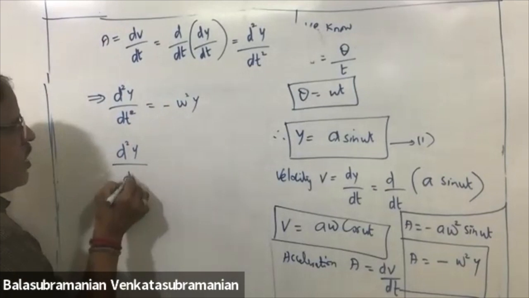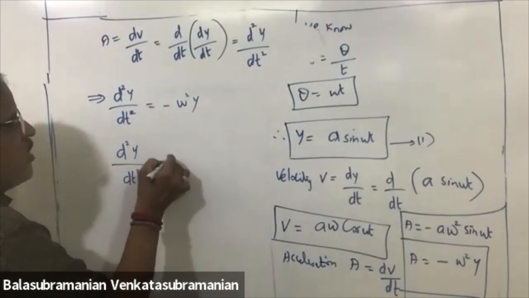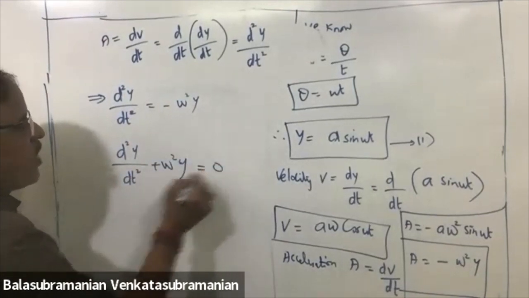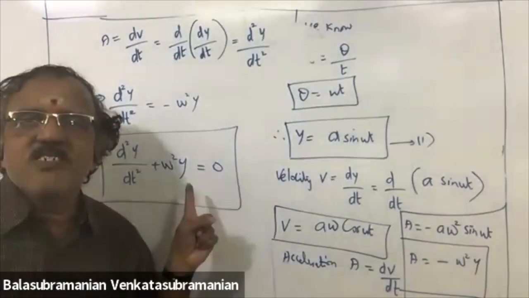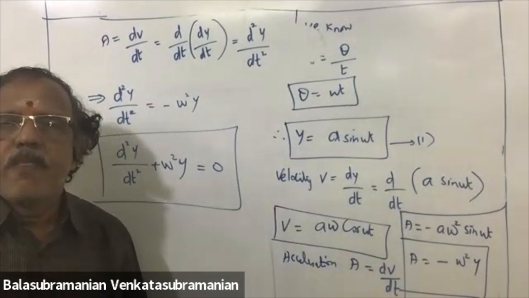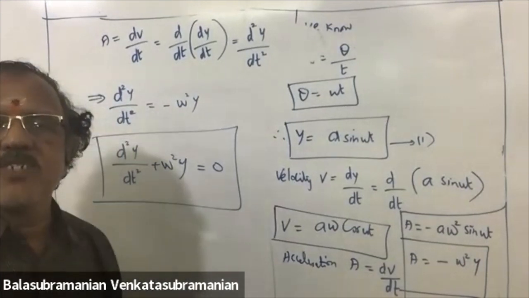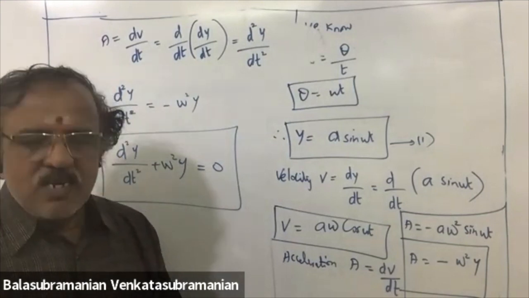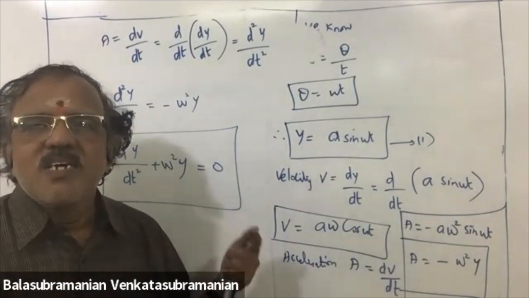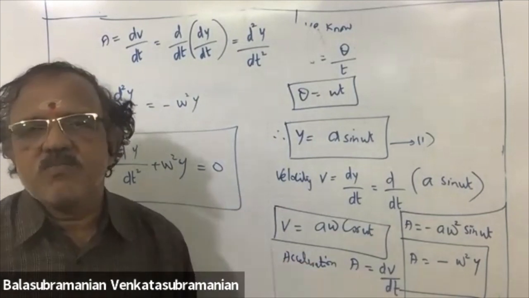d square y by dt square plus omega square y is equal to 0. This is a condition for simple harmonic motion. In maths, we call this a differential equation.